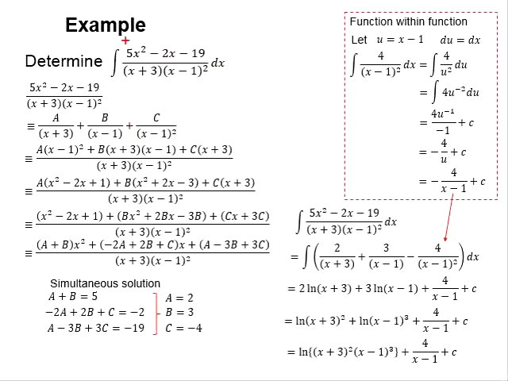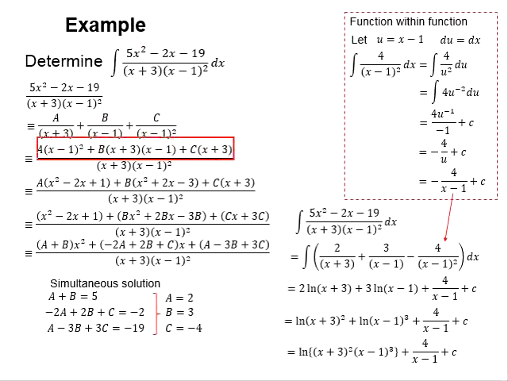Then for the A, multiply by x minus 1 squared. For the B, multiply by x plus 3 and x to the power of 1. And for the C, multiply with x plus 3.